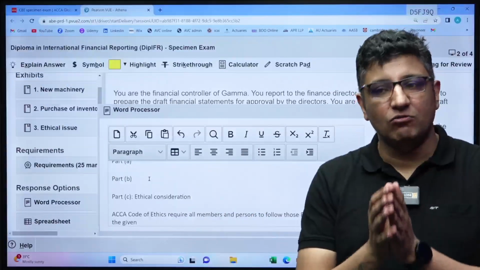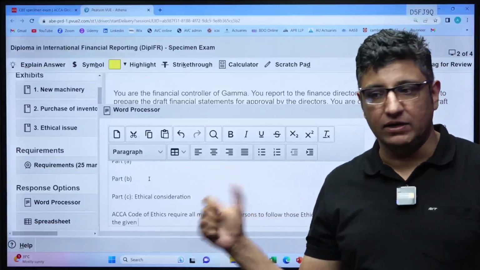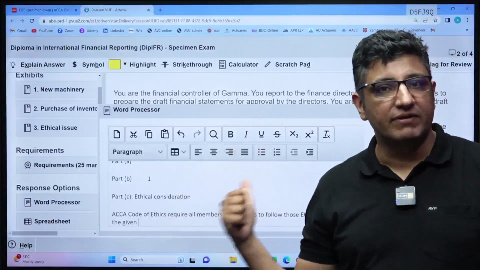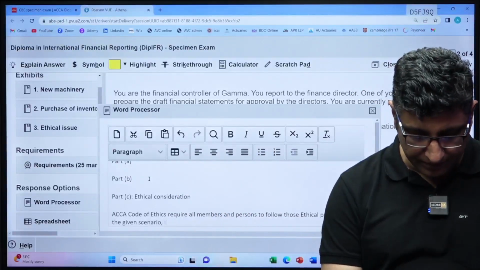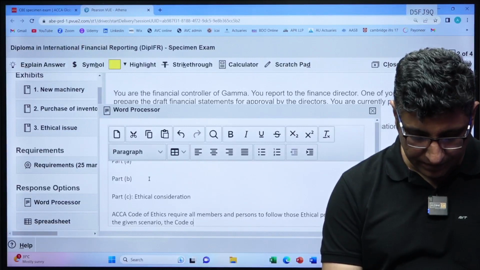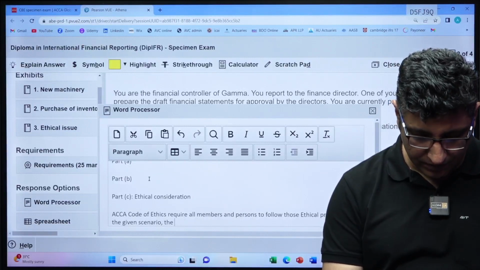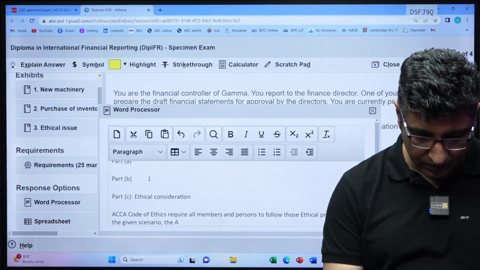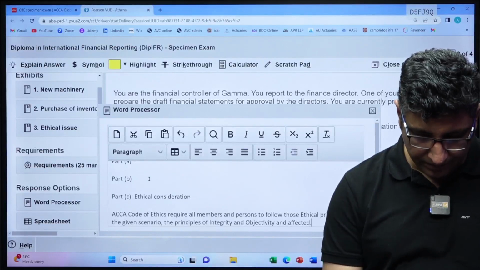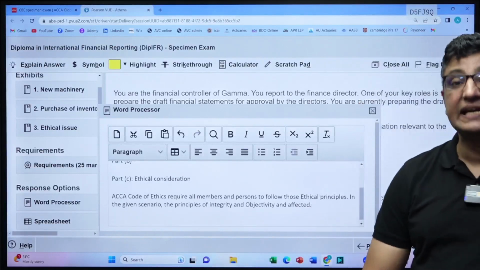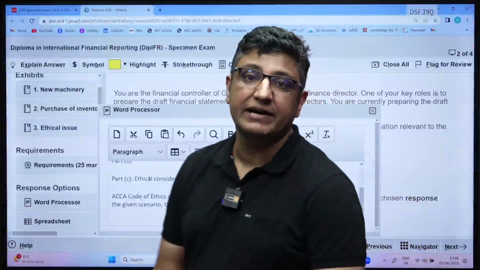I'm just looking at what are those principles which are getting impacted or affected with the given scenario. So I would say in the given scenario, the principles of integrity and objectivity are affected.